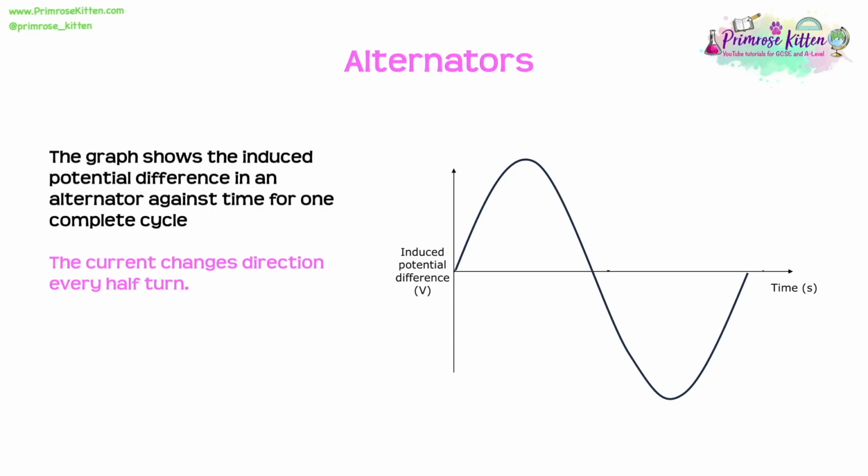But the direction refers to whether the axis is positive or negative. So in this first half of the cycle, it's moving in one direction, and then in the second half of the cycle, it moves in the opposite direction, and we can see that on the graph because we're in the negative y-axis.